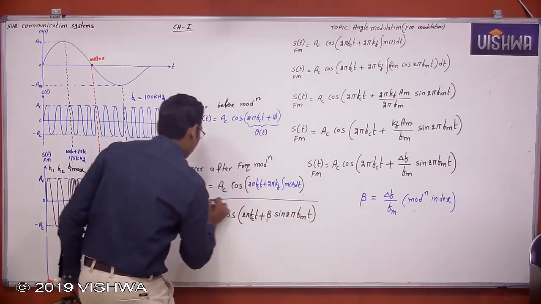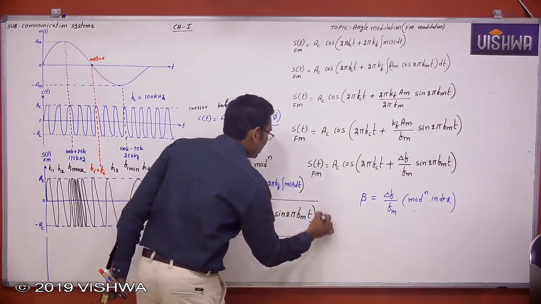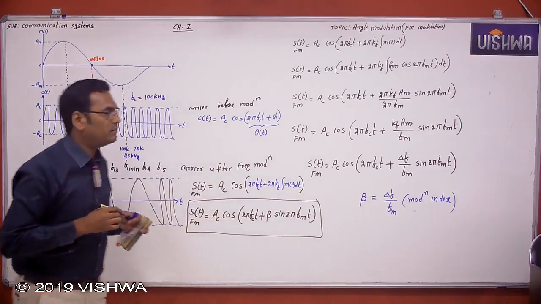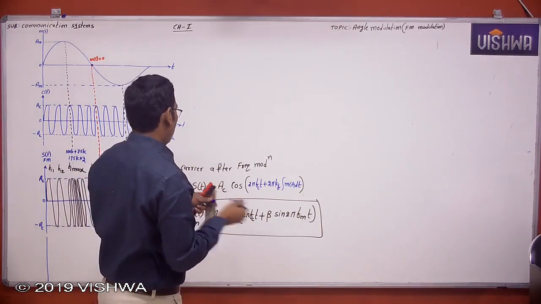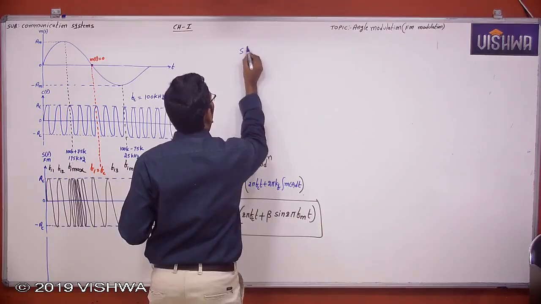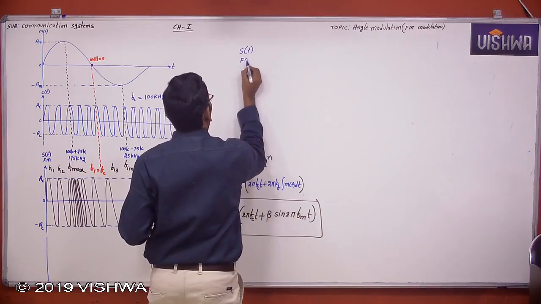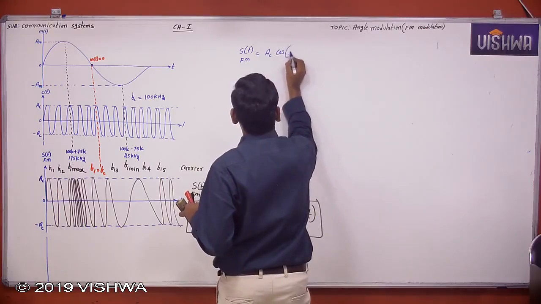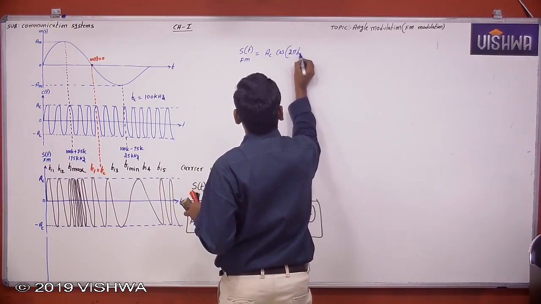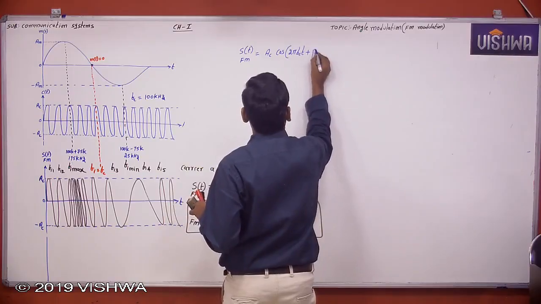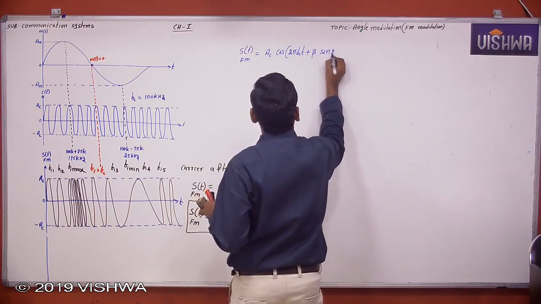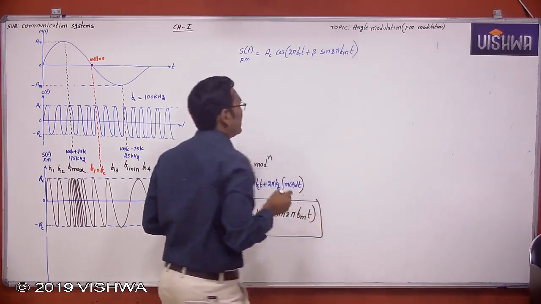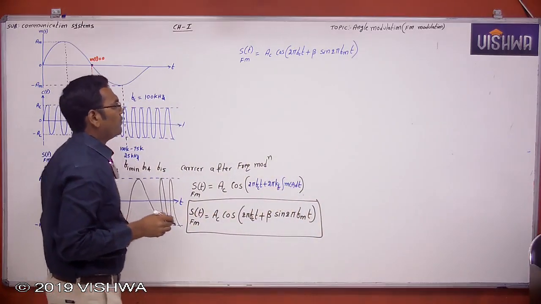This is the standard time domain equation of the FM wave. Note down. S(t) of FM equals Ac cos(2 pi fc t plus beta sin 2 pi fm t).